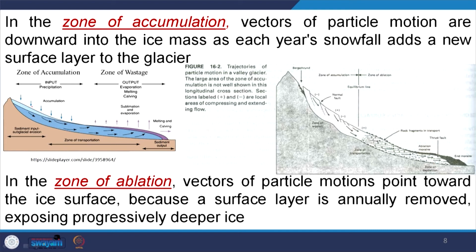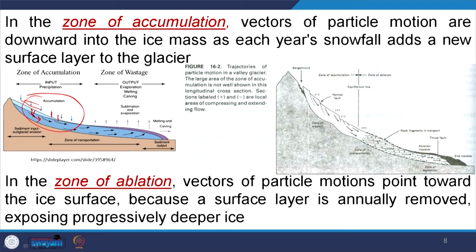For example, suppose earlier this point was here, and after 1 year we are accumulating more ice here. Due to compaction, it is moving here. So, in the zone of accumulation, the vectors of particle motion are downward into the ice mass as each year's snowfall adds a new surface layer to the glacier.